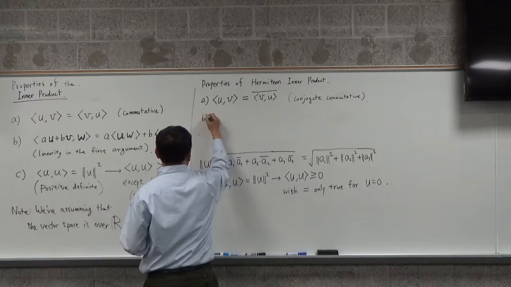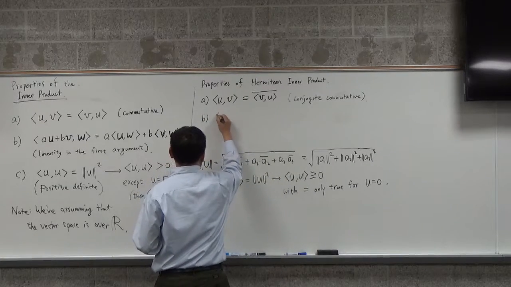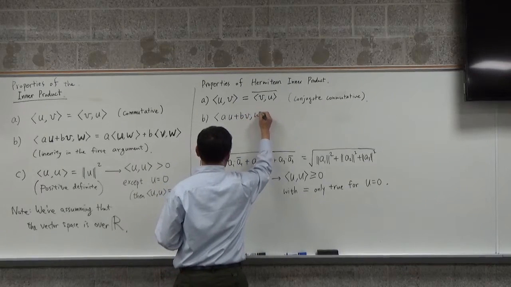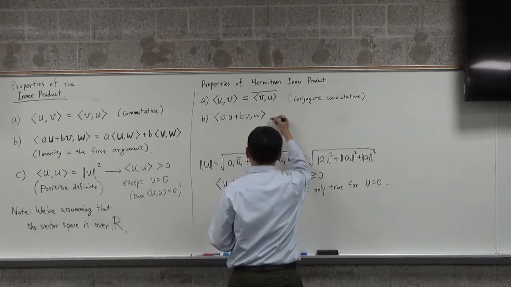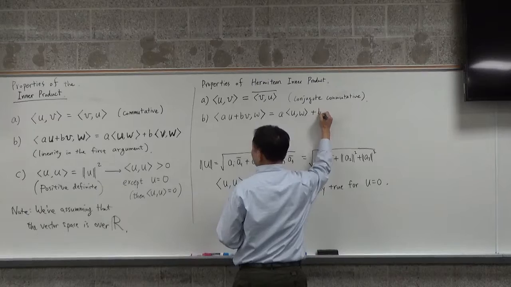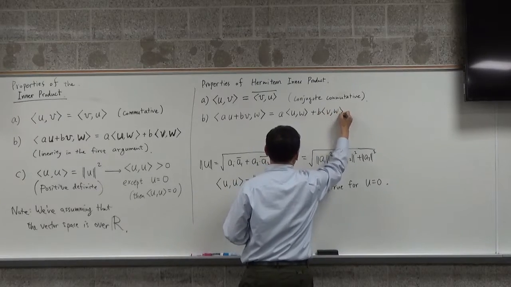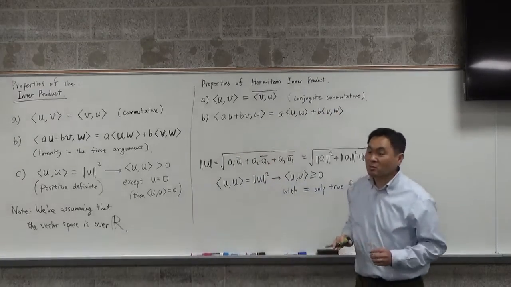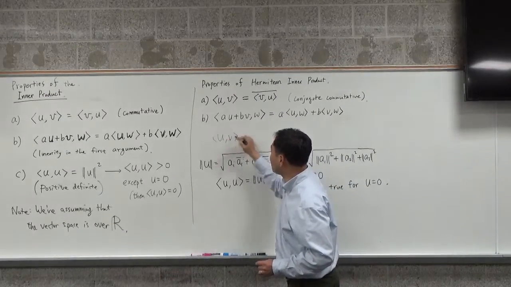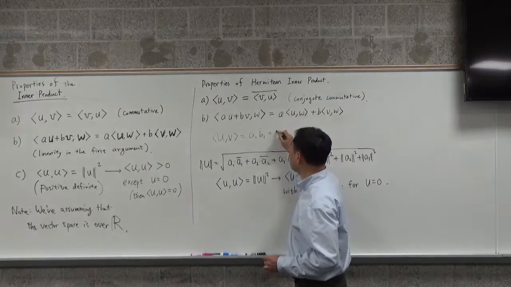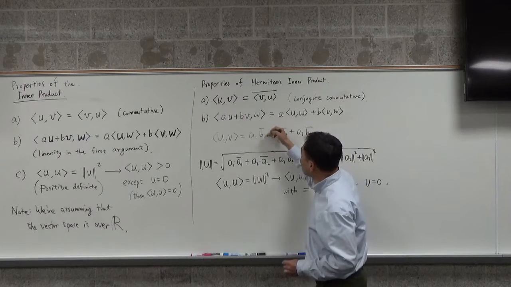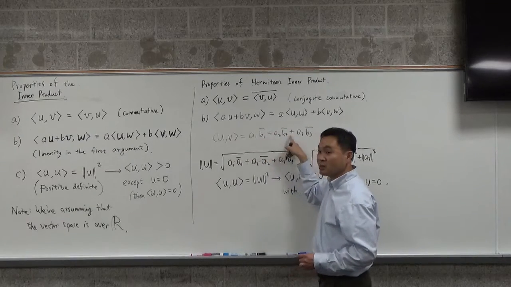And then B, this thing AU plus BVW would be same as AUW plus BVW is still true because if you look at the formula that I just erased, A1B1 bar plus A2B2 bar plus A3B3 bar, the bar is only acting on the second part, right?